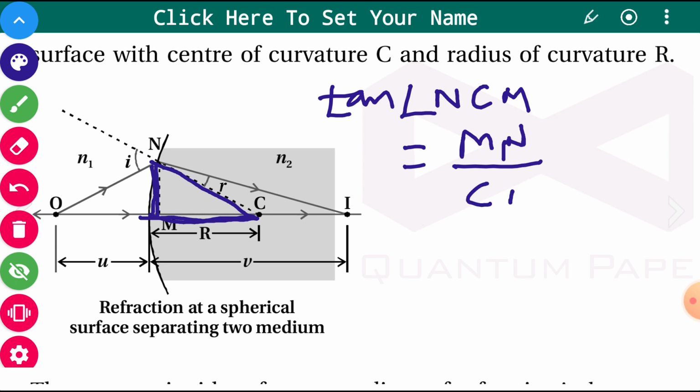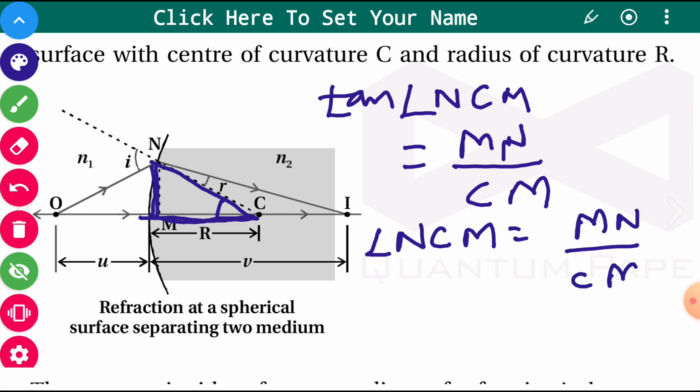Again this angle NCM is very small, so tan theta is equivalent to theta. So angle NCM is equal to MN upon CM. All these things simultaneously you write in the notebook, because from the figure only everything is derived.